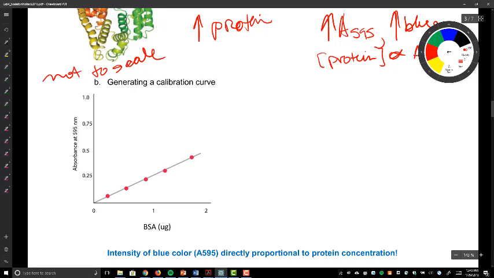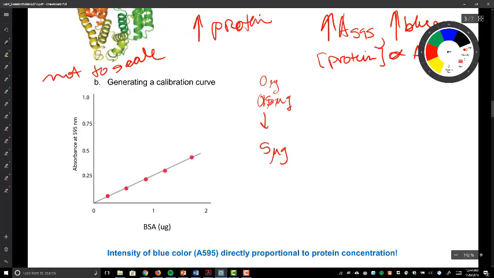We take those standards and a predetermined solution of LDH, and we add BSA to different standards. So we have 0 micrograms, 0.5 microgram, all the way up to 5 micrograms.